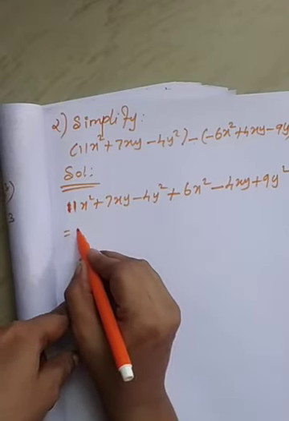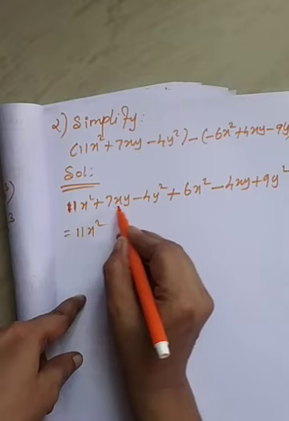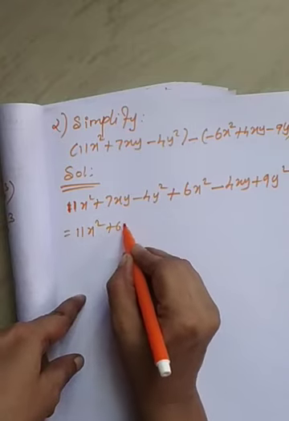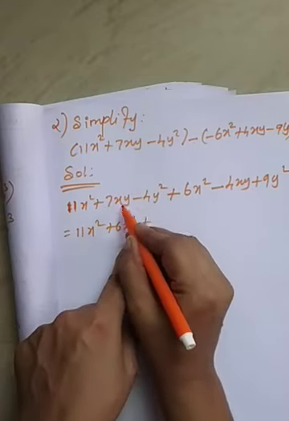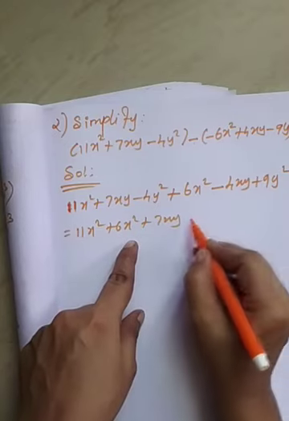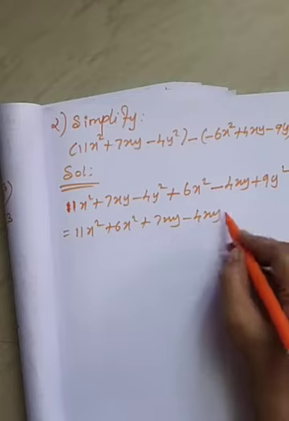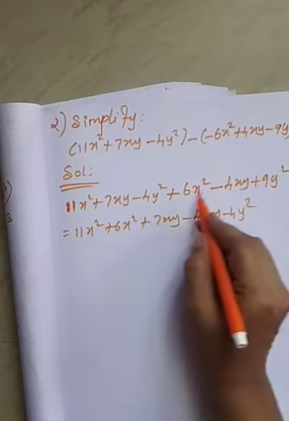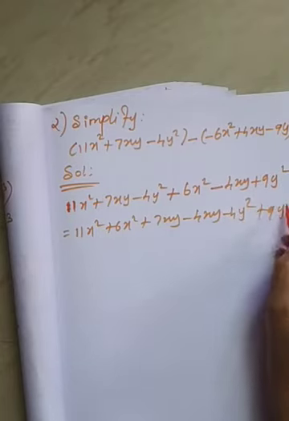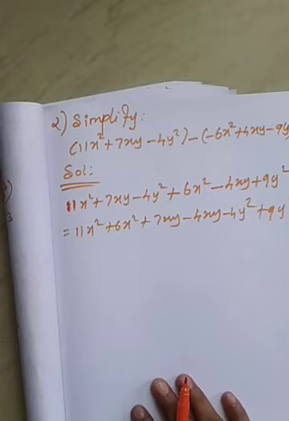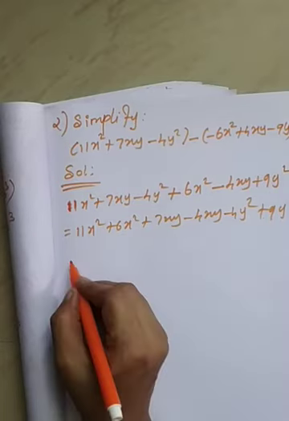See here, 11x squared plus 6x squared. Okay, next 7xy minus 4xy. After that see here, minus 4y squared. Next plus 9y squared.